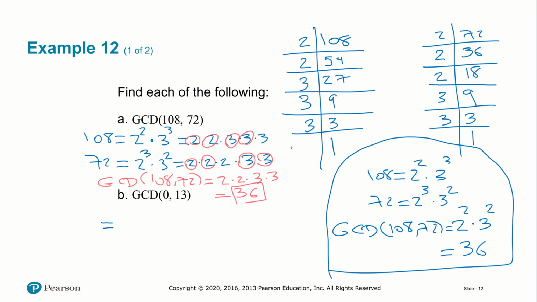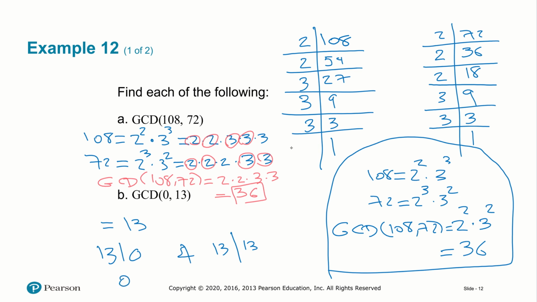The greatest common divisor of 0 and any non-zero number is just going to be that non-zero number, because it's simple. Because notice, 13 divides 0 and 13 divides 13. How many times does 13 divide 0? In other words, what's 0 divided by 13?